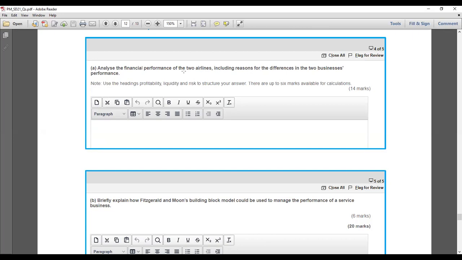How many things are being asked for here? The one thing, are you to talk about the financial performance, including reasons.